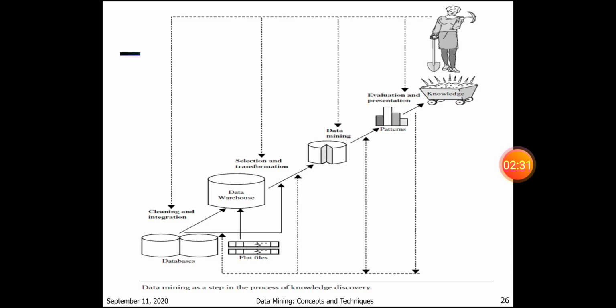In the data mining process, by applying data mining techniques, we try to find some interesting patterns. That pattern will be represented in some form, maybe graphical, maybe some structure. From those patterns we need to discover knowledge. This is the complete KDD process diagram.